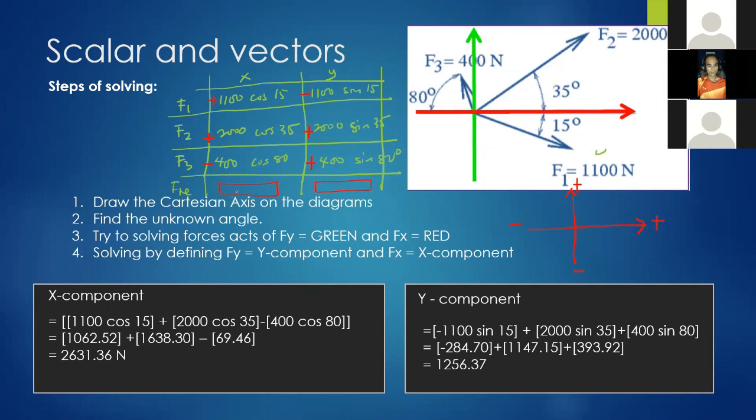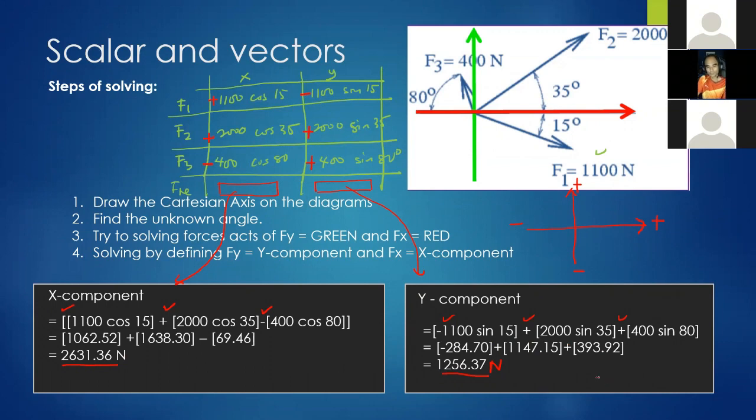This is what I have done. If I add everything, this is negative, this is positive, this is positive, and we end up with 2631.36 Newton for X. That is the X component of the net. And this is the Y component: minus, plus, plus, and you will get 1256.37 Newton.